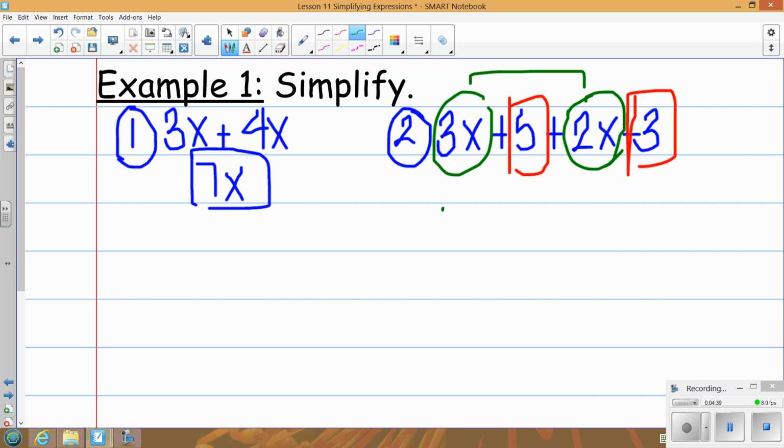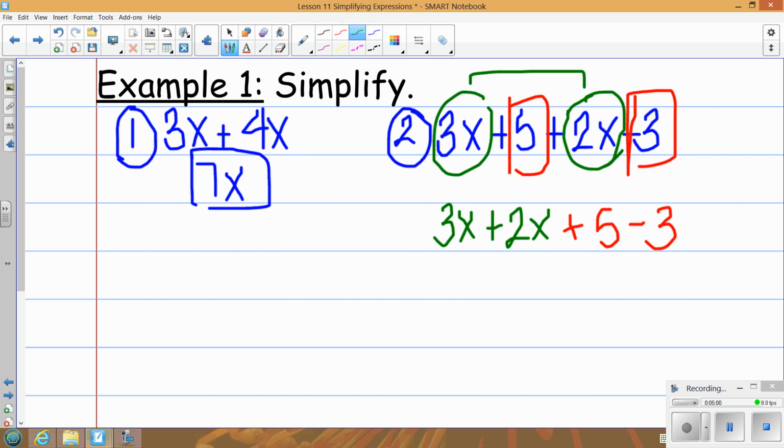I can rearrange that 3x plus 2x and group them together because of the commutative property. I can switch the order of the 5 and the 2x. And then I'm left with the plus 5 minus 3. And then you just do each of the operations here.